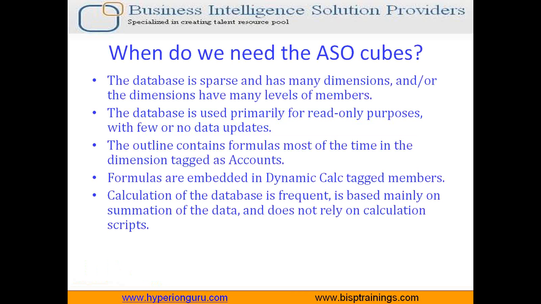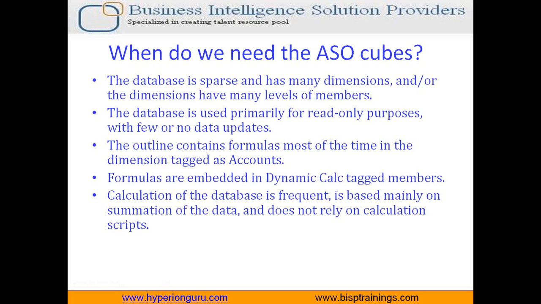If you have little knowledge of the block storage cube, you would notice that if you keep on increasing the database size, or increase the metadata that is outlined, the performance will get slower. If you keep on increasing the users, the performance will also get slower.